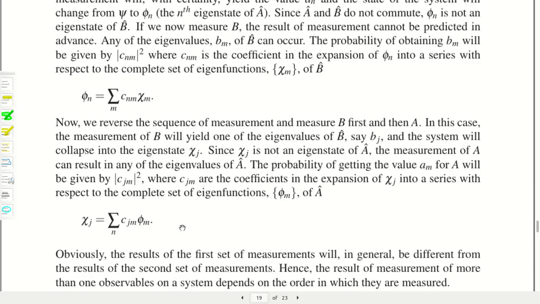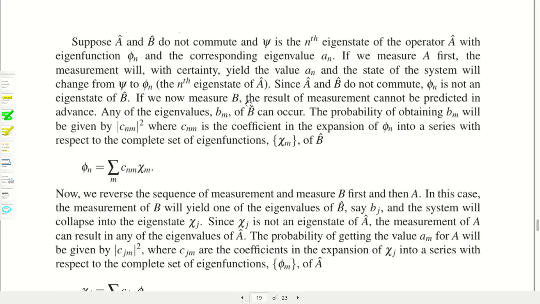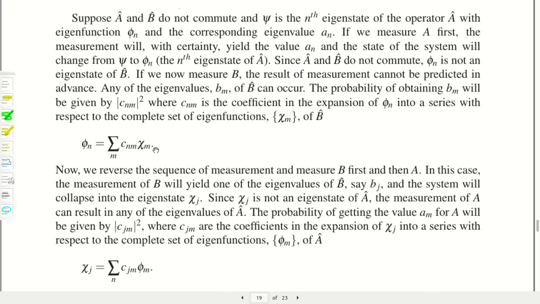You can see for the first case the last outcome, that is B operating on phi n, will not guarantee that the eigenvalue will be Bn. It will be B1, B2, B3, any one of them with probability Cnm square.